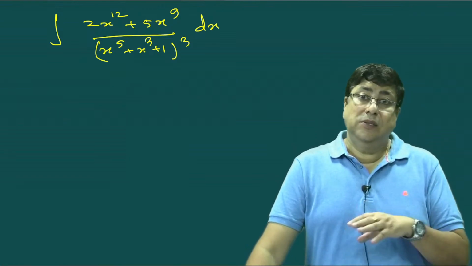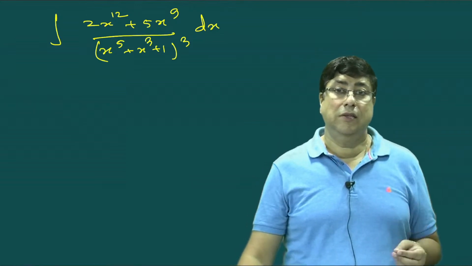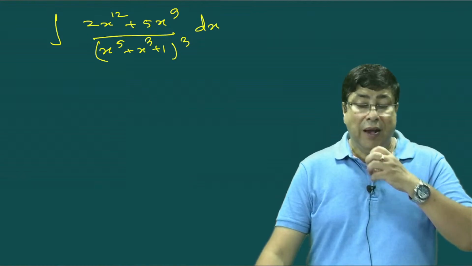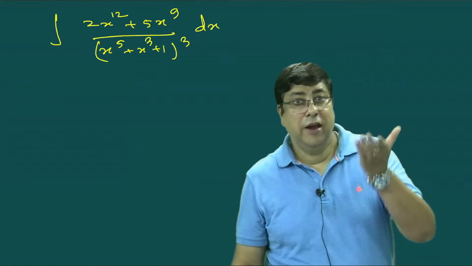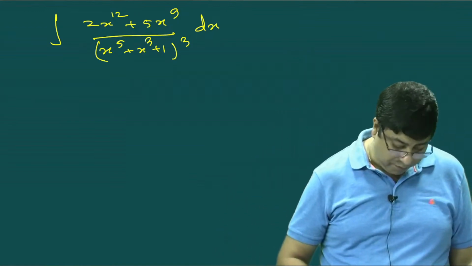Whenever the degree difference in the numerator and denominator is very big, we can take the maximum power out from the denominator and divide with the numerator. Let's see what can be done with this policy.